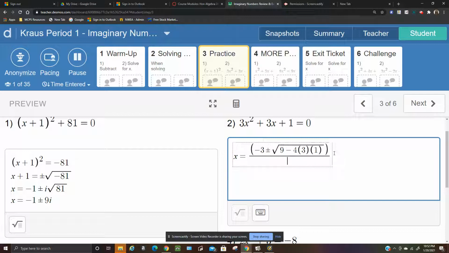And then 3 times 2 is 6. 9 minus 12 would be negative 3.